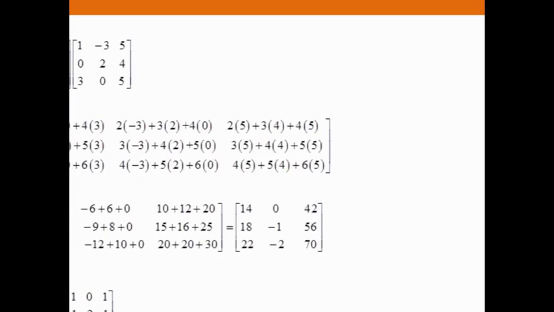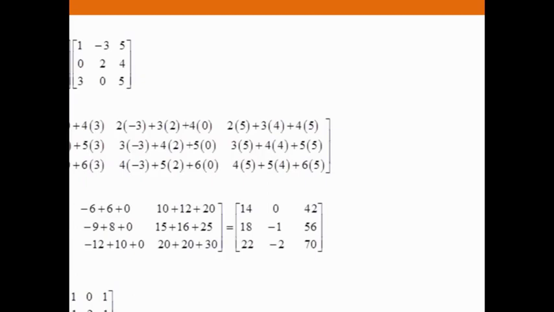Now the last row, that is 4, 5, 6. Last row multiplies with first column, then with second column and then third column. You will get the third row. So what is coming here? 4 into 1, then 5 into 0, then 6 into 3. This is third row, first column.